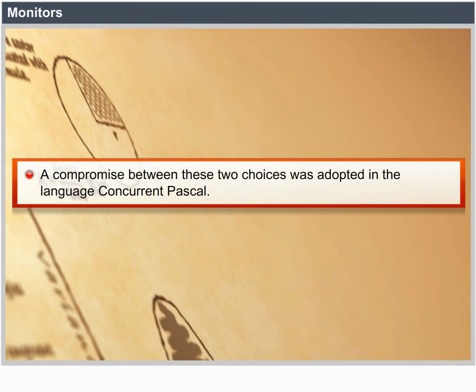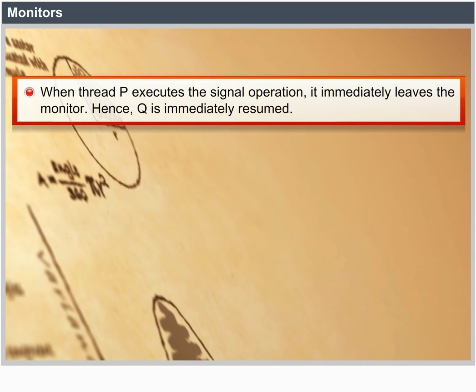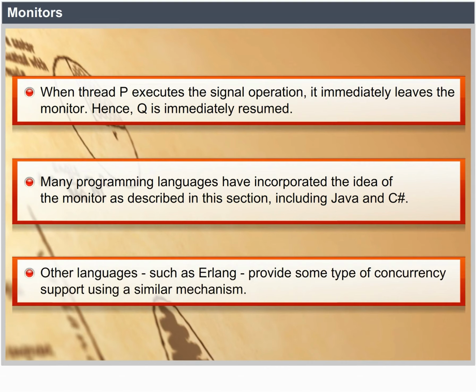When thread P executes the signal operation, it immediately leaves the monitor. Hence, Q is immediately resumed. Many programming languages have incorporated the idea of the monitor as described in this section, including Java and C#. Other languages such as Erlang provide some type of concurrency support using a similar mechanism.